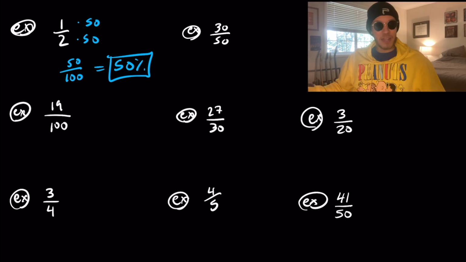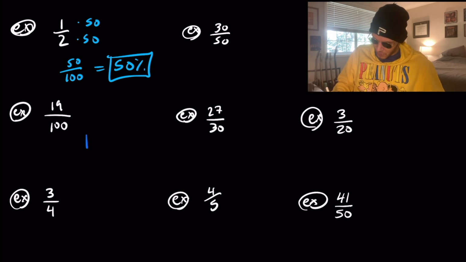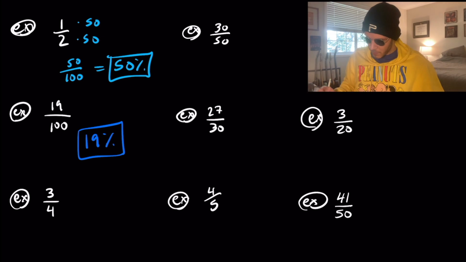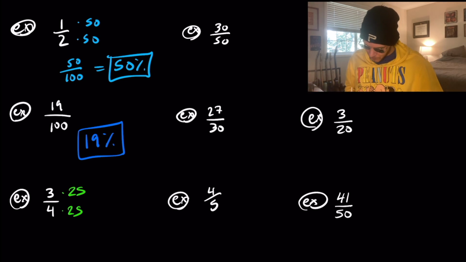We have 19 for each 100, which is going to be 19%. 3/4, 3 out of 4. What times 4 is going to give us 100? Well, that's going to be 25. So I'll multiply both the numerator and denominator by 25. That's going to give us 75 out of 100. 75 for each 100 is going to be 75%.